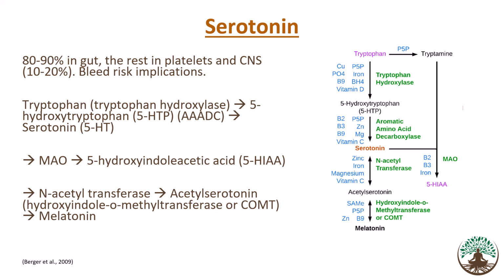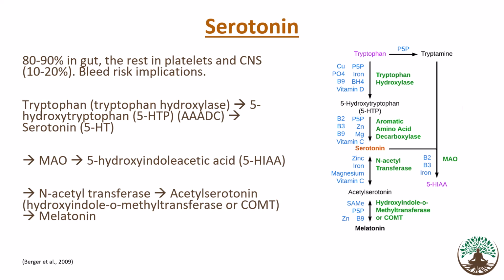Tryptophan is converted into 5-hydroxytryptophan, or 5-HTP, by tryptophan hydroxylase. 5-HTP is then converted into serotonin, or 5-HT, under the influence of AAAD-C. From here, serotonin may enter 2 potential pathways.